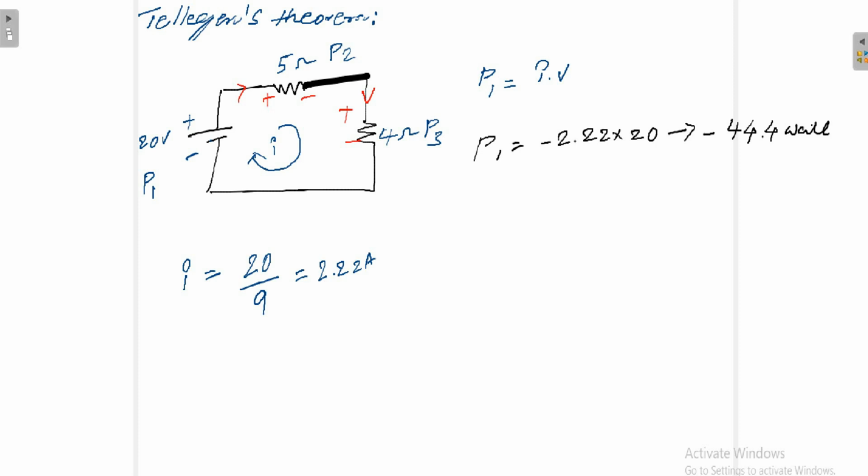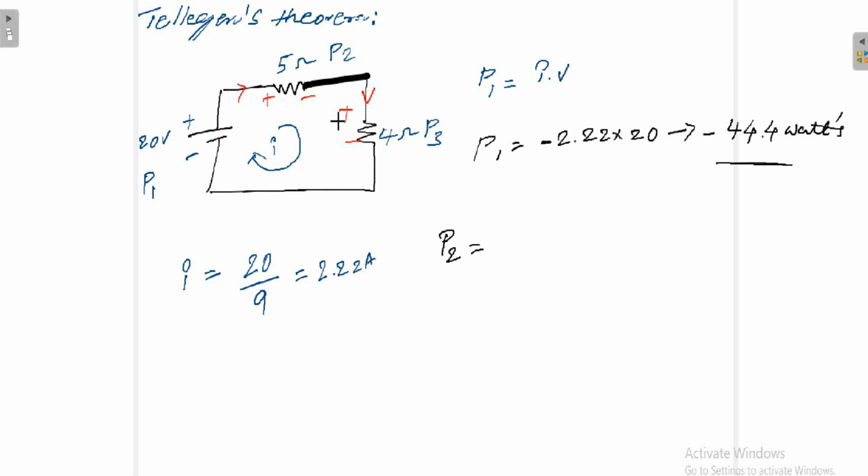Why are we considering negative? Because according to the passive sign convention, current has to enter the positive terminal, but it is entering the negative terminal. That's why we consider it delivered power. P1 is delivering power. So this voltage source is delivering minus 44.44 watts.